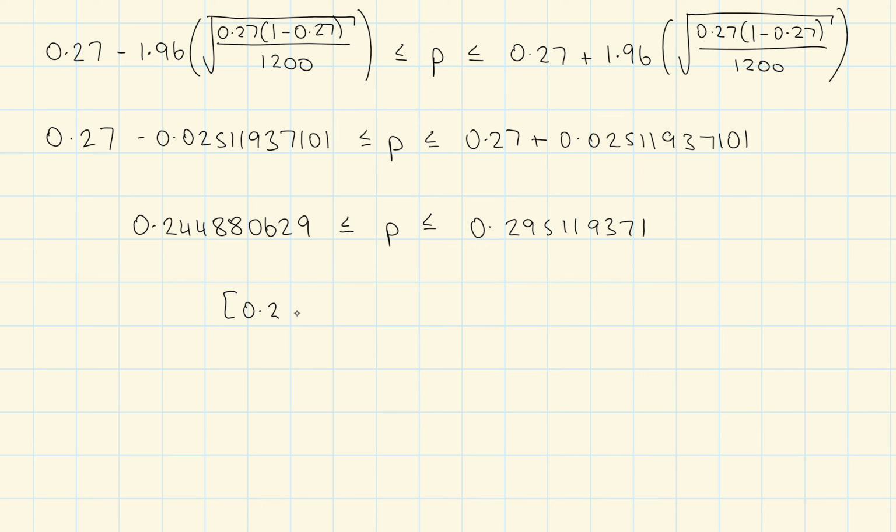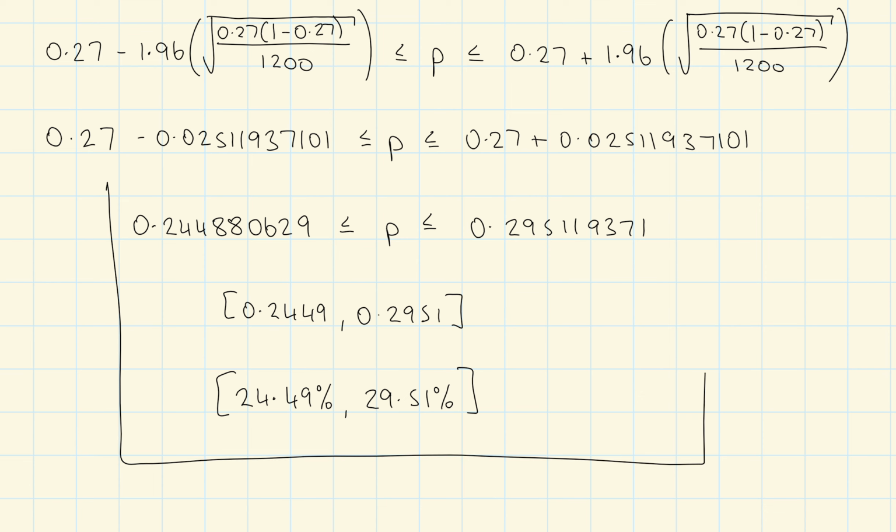We'll go for maybe 2 decimals here, so 0.2449 and 0.2951, or then rounded, in percentage form, would be 24.49% and then 29.51%. So again, in state exams, the question will clarify what form your answer should be in, and the context of the question might be a little bit more clear in that aspect.